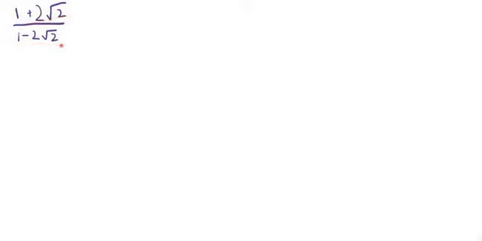So to rationalize this denominator, we have to multiply it by 1 plus 2 root 2. So just show that like this. Because we're multiplying it, we'll do it within brackets, so everything gets multiplied.